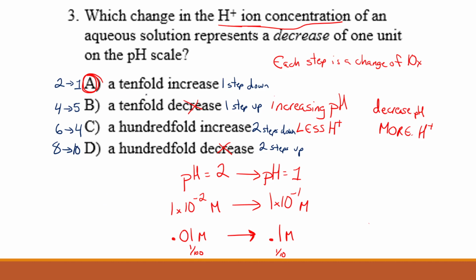Right, so anytime they're talking about a change in pH, it's a little shortcut for us, right? Every step is a 10x change. Every step is either 10 times going up or 10 times going down, and the direction, right, decreasing pH is increasing H plus.